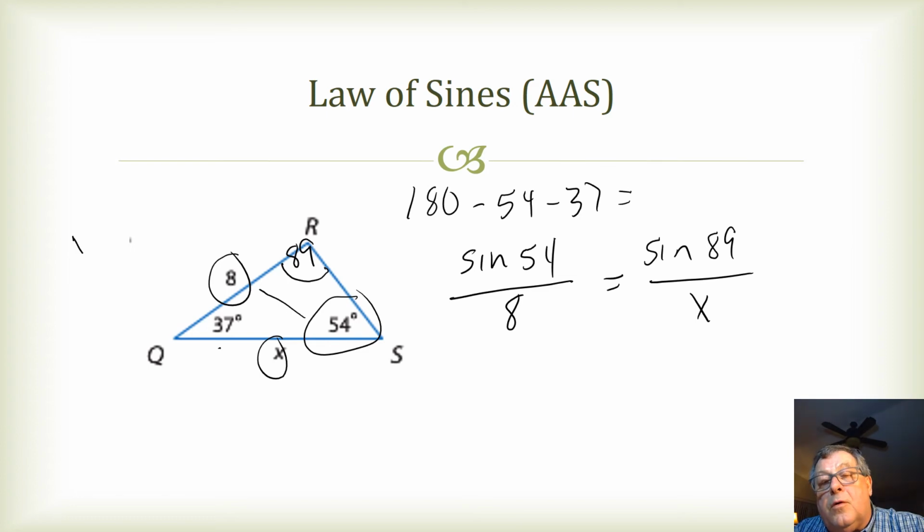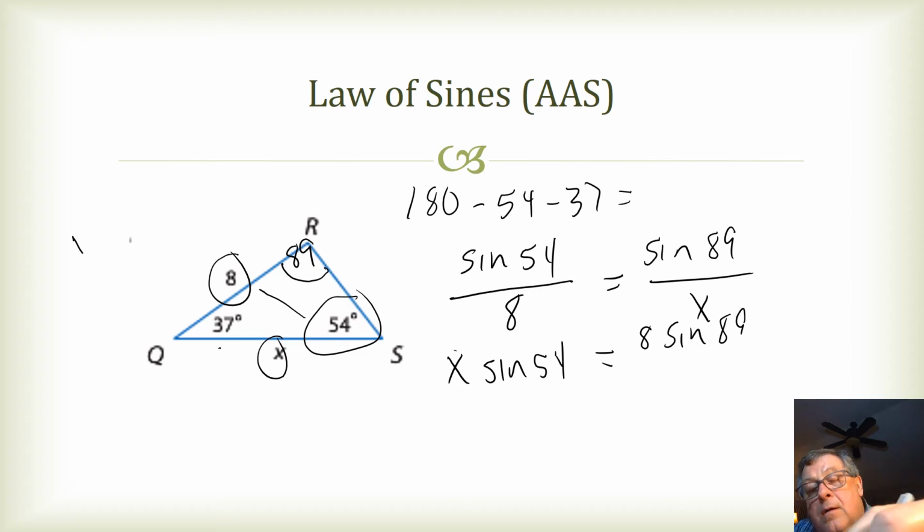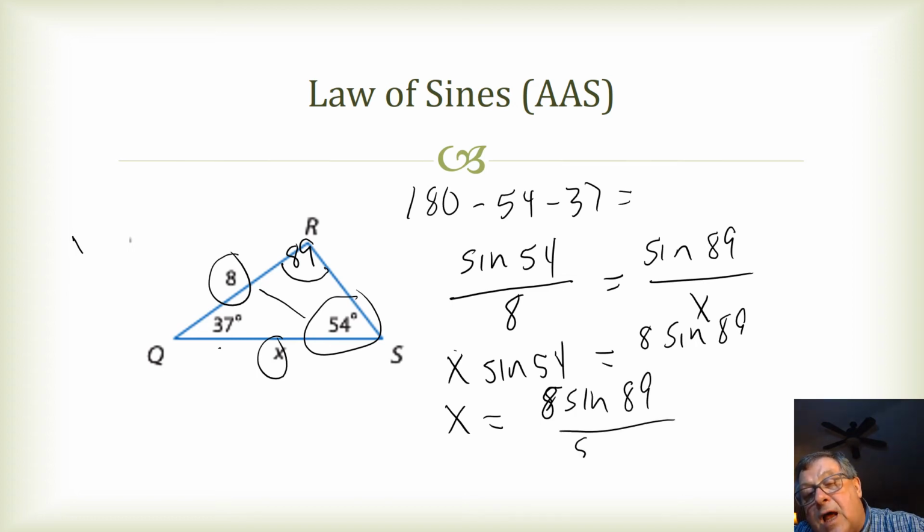And again, we're going to do a little cross multiplication. We got X times the sine of 54 equals 8 times the sine of 89. Let's divide both sides by the sine of 54. So X, isolate the X. X is equal to 8 times the sine of 89 divided by the sine of 54. And let's see what X is approximately equal to.